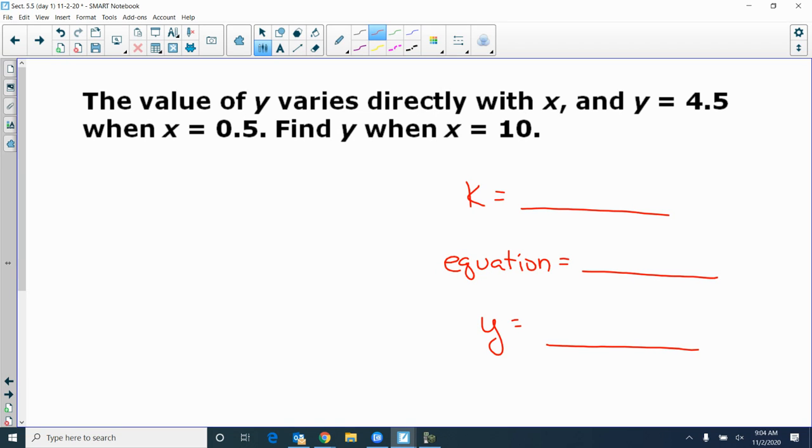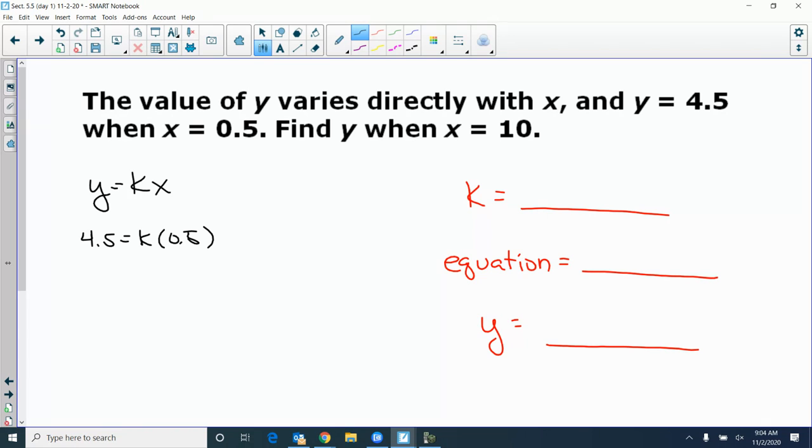All right, excellent. Now when you're doing this, you use that first piece of information. Since it says y varies directly with x, we know we can use this form. And so we use that first piece, y is 4.5 when x is 0.5.